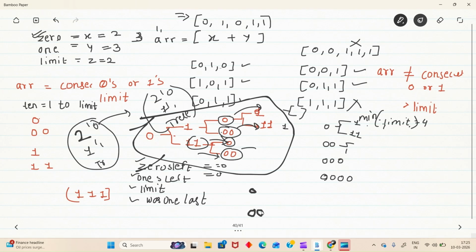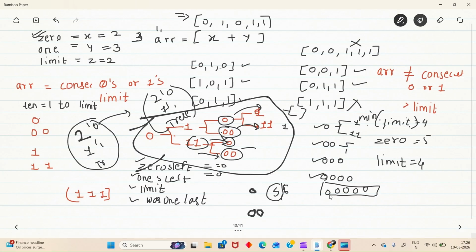If my limit is 4 and my number of zeros is 5, I can use 1, 2, 3, or 4 consecutive zeros, but I cannot use 5 at a single time, because a subarray of size greater than 4, that is 5, 6, 7, would then contain only zeros. If I have 5 consecutive in my binary array, then this will not be our stable string.